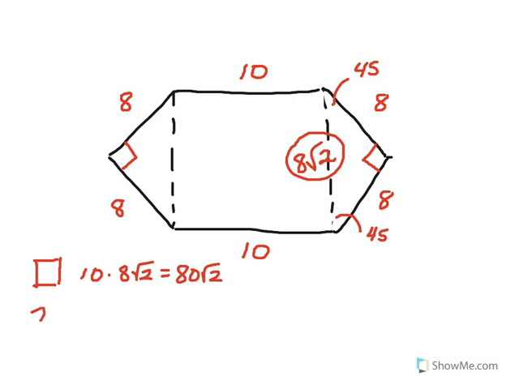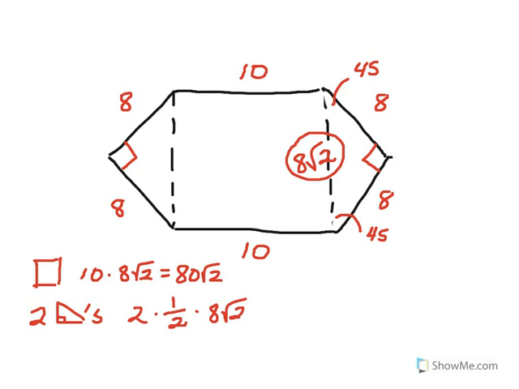Then I want the area of the two little right triangles, and that's going to be 2 times the area of one of them, and the area of one of them would be 1/2 base times height.